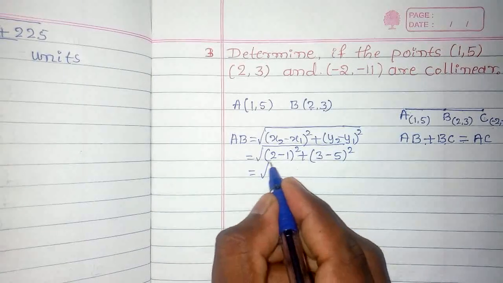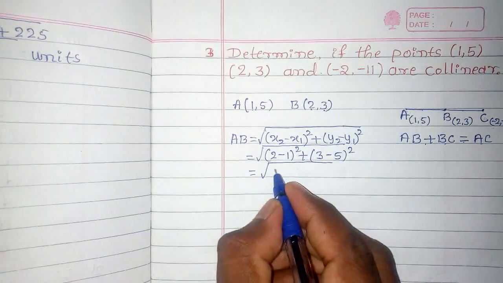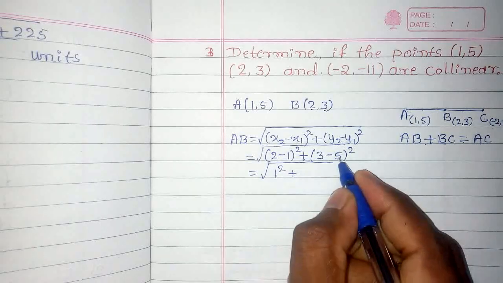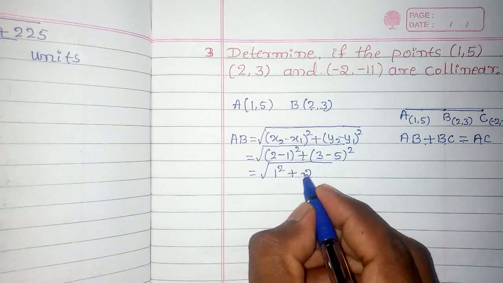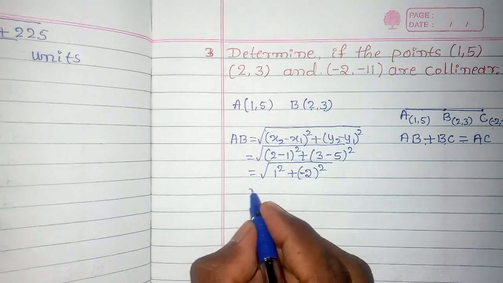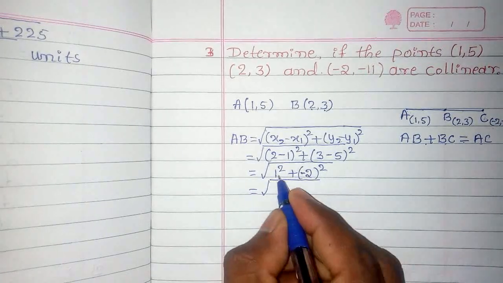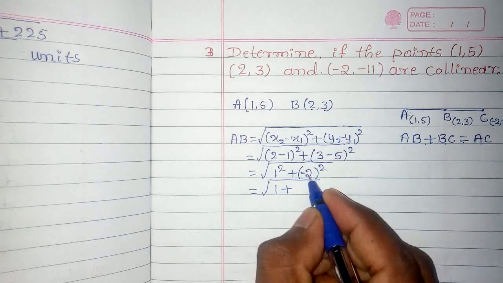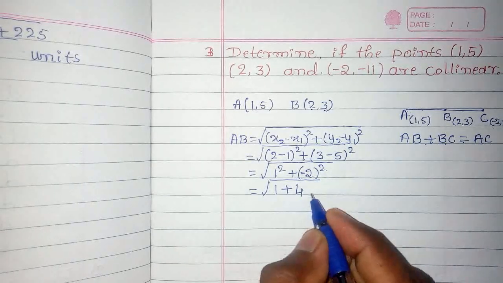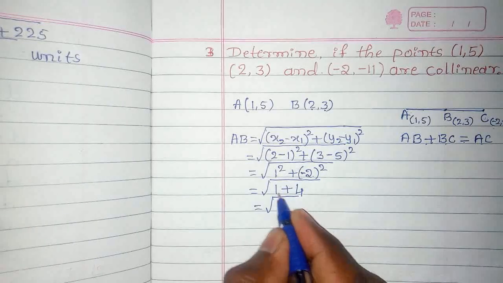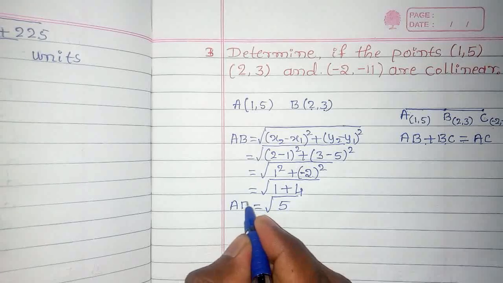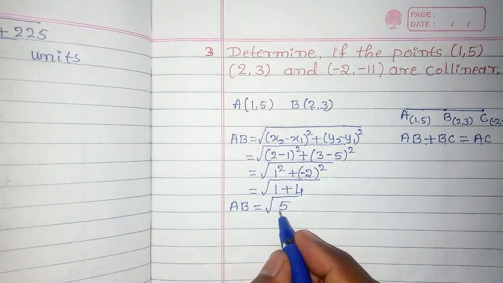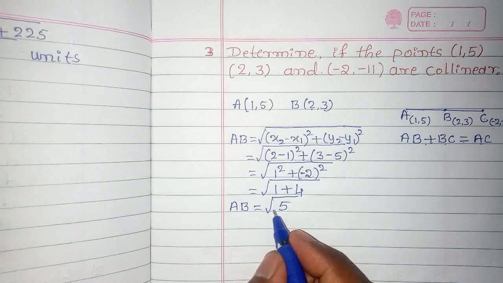Now 2 minus 1 is 1 square, plus 3 minus 5 is minus 2, whole square. Then the square root of 1 square is 1, plus (minus 2) whole square is plus 4. Then the square root of 1 plus 4 is 5. Therefore the distance between the two points A and B is square root of 5. Therefore AB is equal to square root 5.